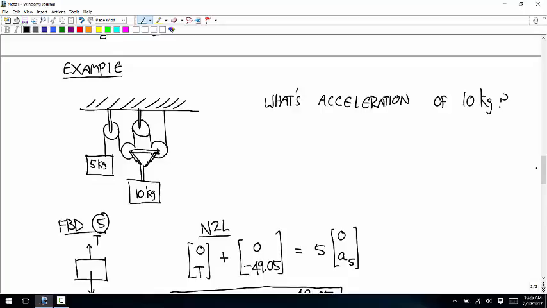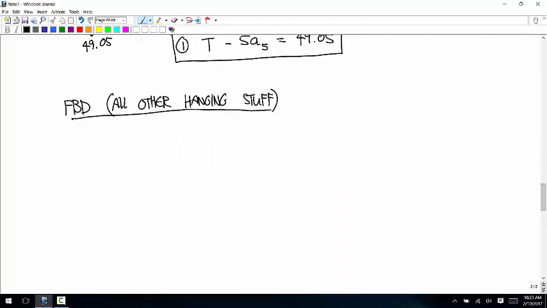We're neglecting the weight of everything except that mass. So we have something like this. The weight is 10 times 9.81, so 98.1.